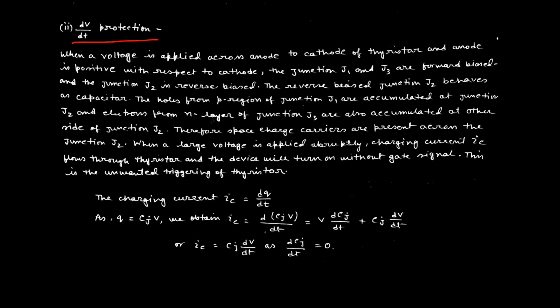Therefore, a protective circuit should be connected across the thyristor to protect it from high dV/dt stress coming from the abrupt change of the supply voltage. This kind of protection circuit is called a Snubber circuit. That is reflected on my next slide.